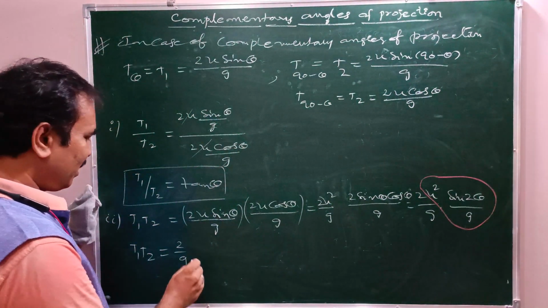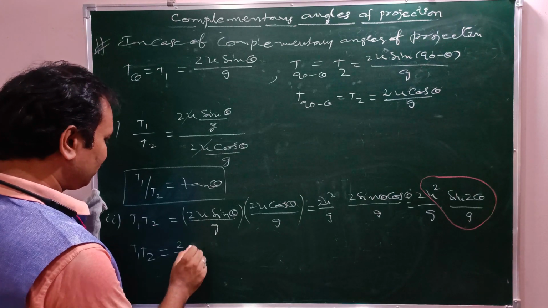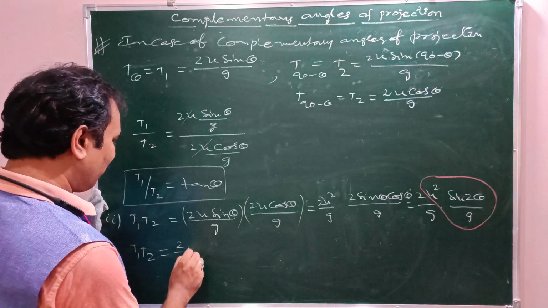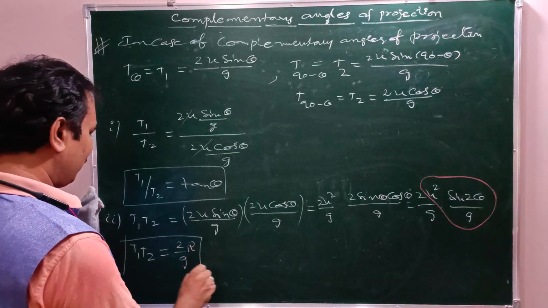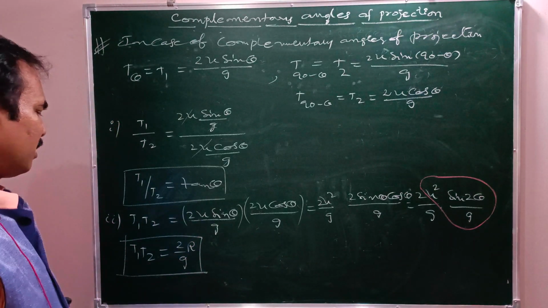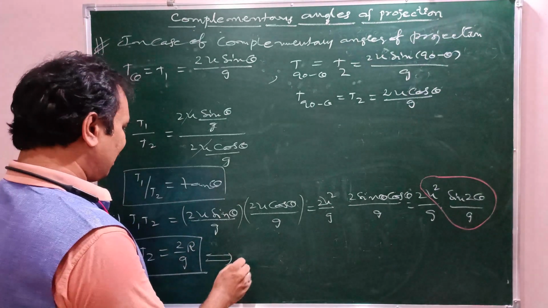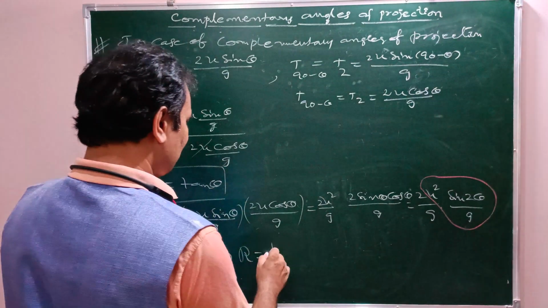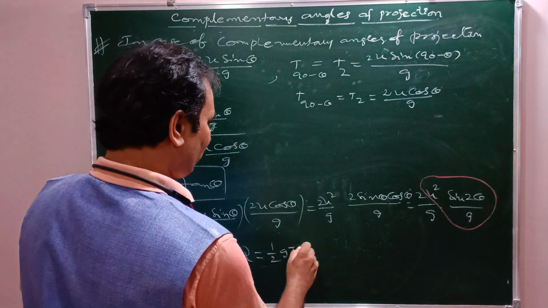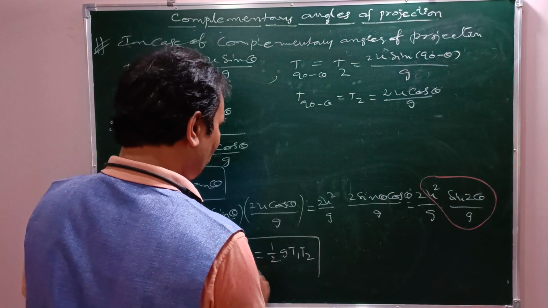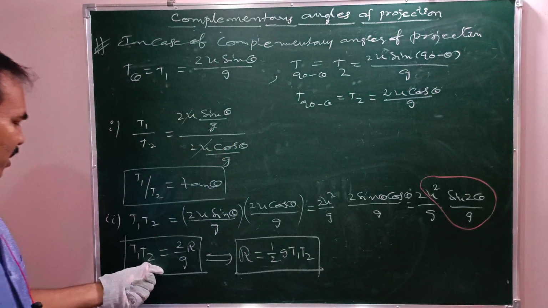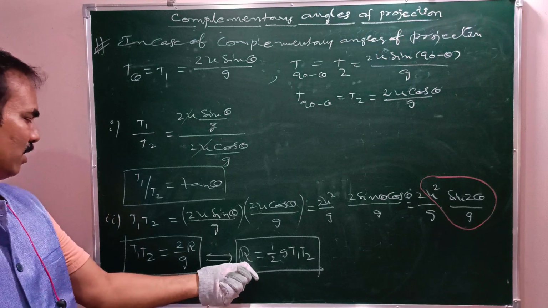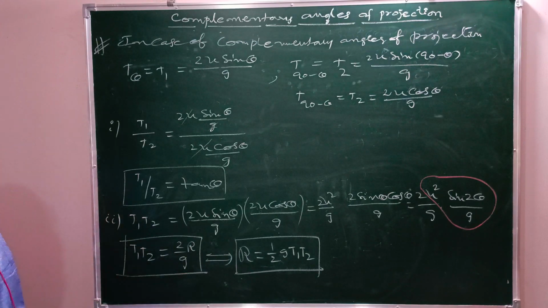That is 2 by g into R, that is 2R by g. So t1 t2 equal to 2R by g, from which we can write R equal to half of g t1 t2 also. Right?